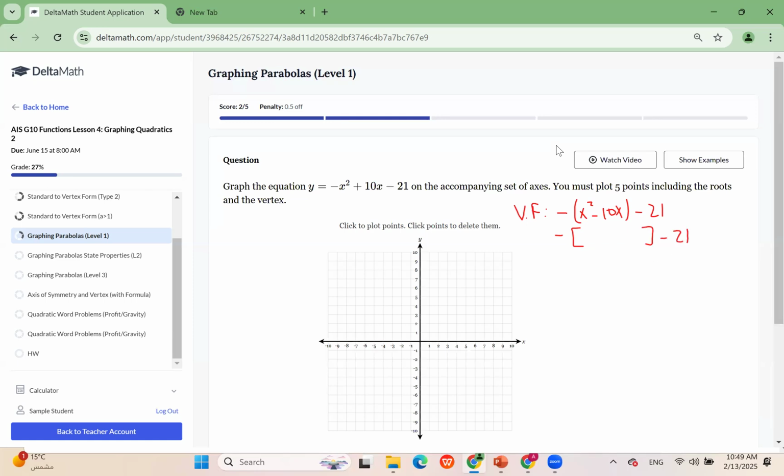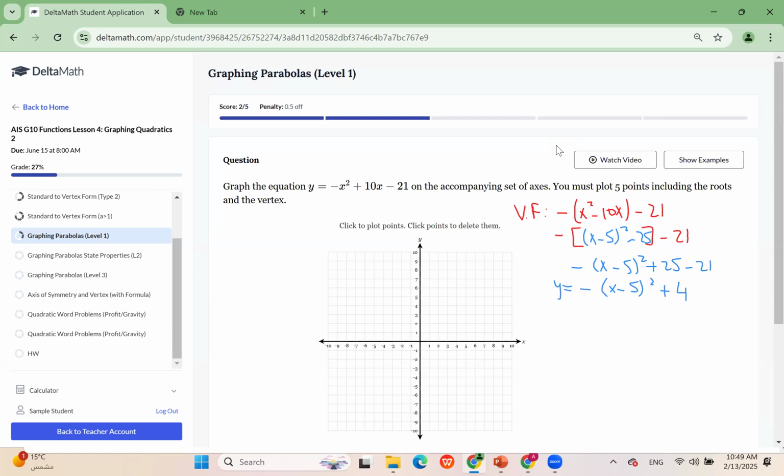And inside you put (x minus 5) all squared minus 25. So this becomes negative (x minus 5) all squared plus 25 minus 21, which is negative (x minus 5) all squared plus 4, y equals this expression.